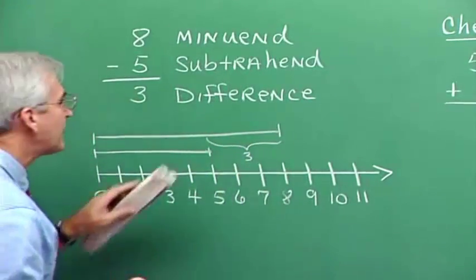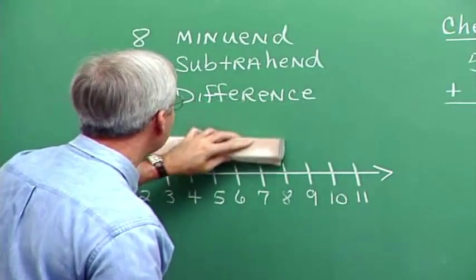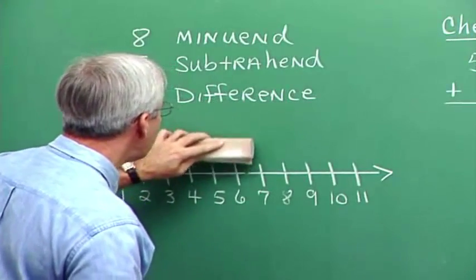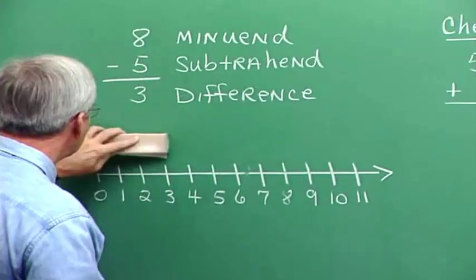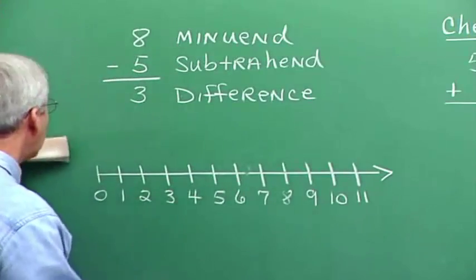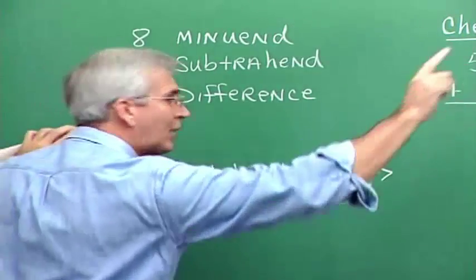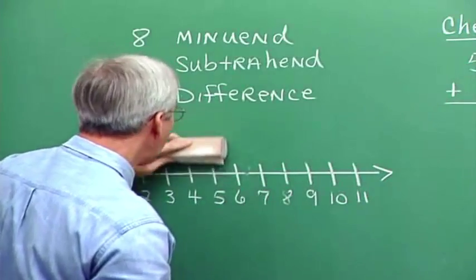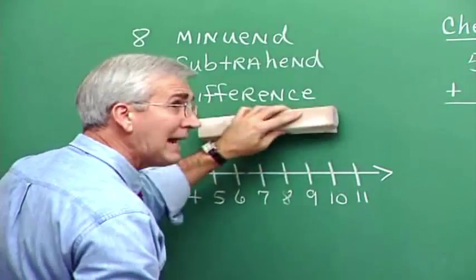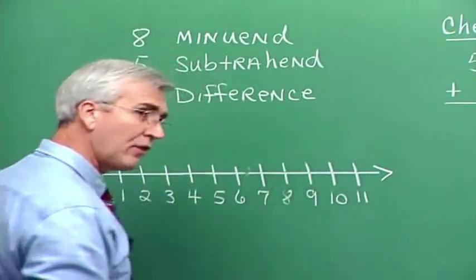Then we could think of it another way. If adding means that we accumulate distance and therefore go in this direction, then subtraction might mean that we take away distance and so we move back in the other direction.